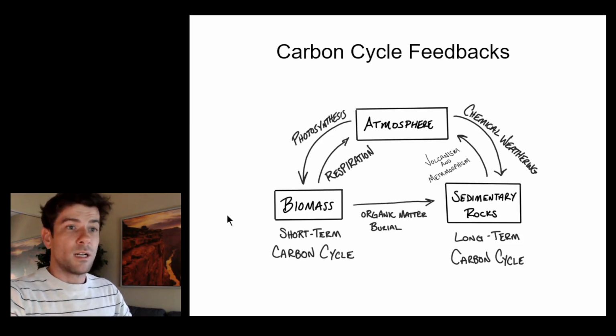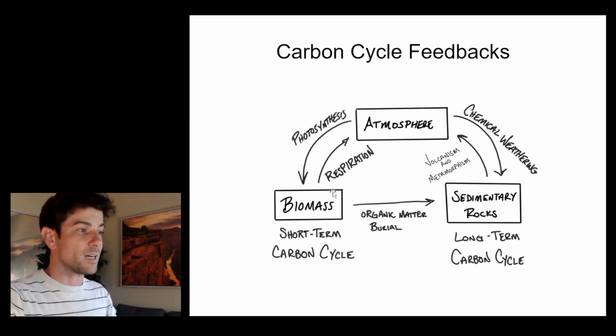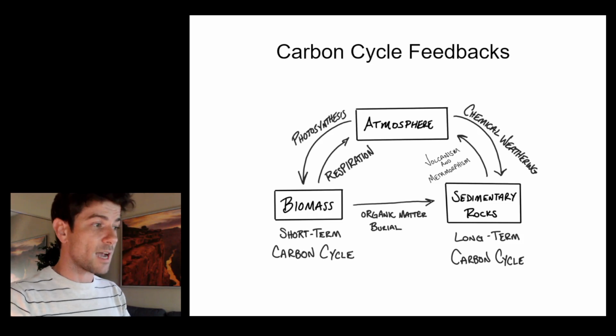And so it's all about carbon, and it's all about the intersections or the interfaces between these reservoirs, right? And so that's really what climate science is all about. I think I said that in the first day of class, that climate science is really all about feedbacks.